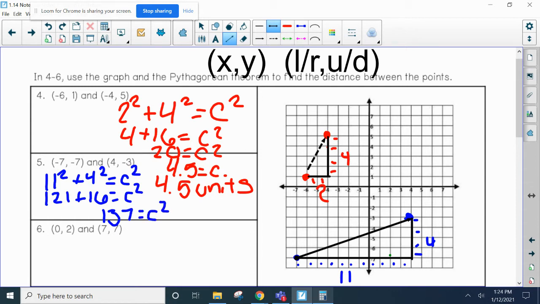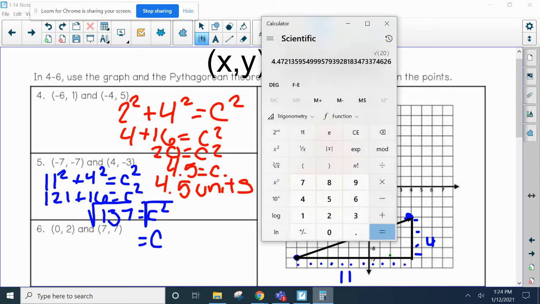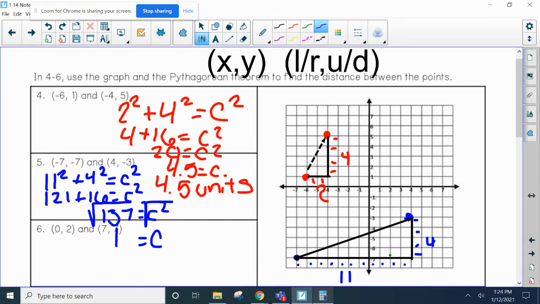And let's take the square root of both of our sides. So square root of 137, square root of c squared, square root of c squared is just c. And our square root of 137 is going to give me 11.7. So 11.7 is that missing distance, 11.7 units.